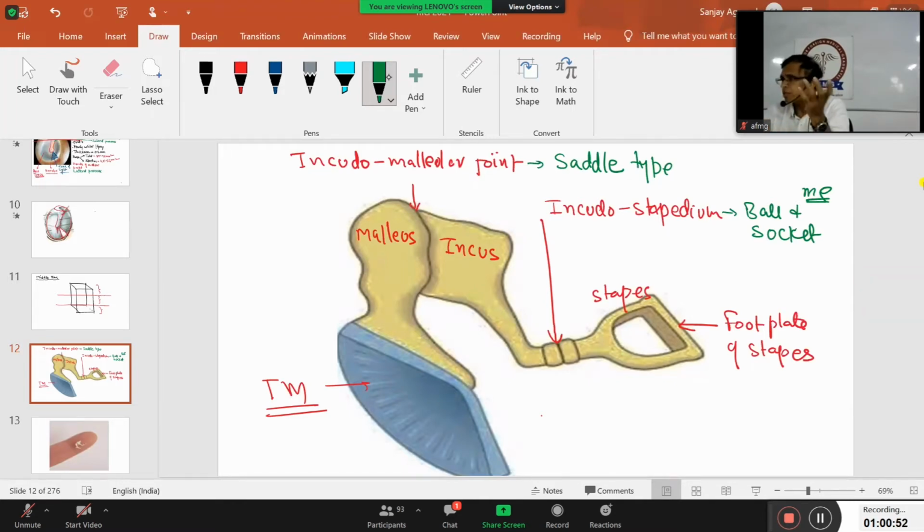And the last thing about the ossicles is the function. Why do we have the ossicles in the first place? Why did nature make ossicles? If you believe in God, why did God make these ossicles? Well, hearing, but what does it do? Amplification. Amplification of the sound. Correct. The function of the ossicles is actually ossicle plus middle ear.